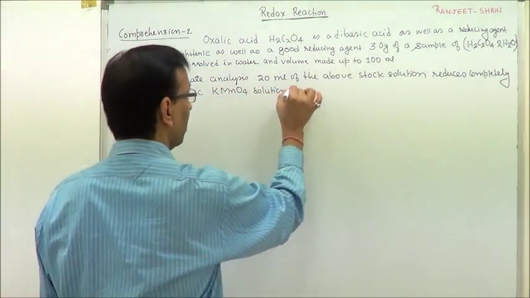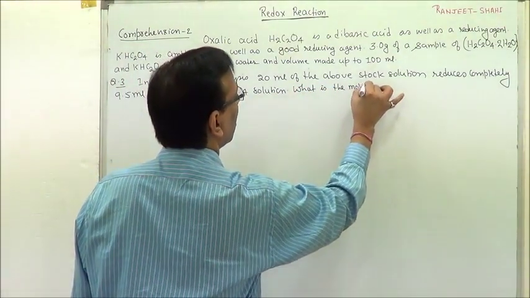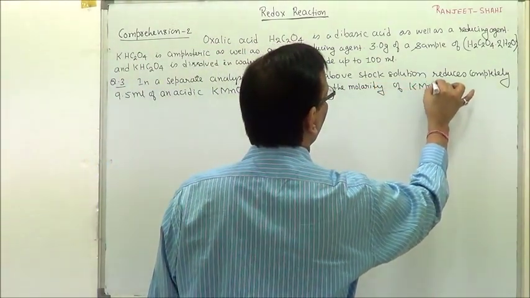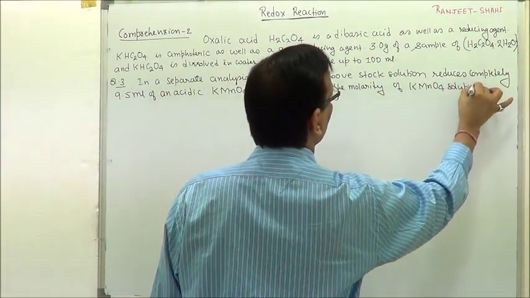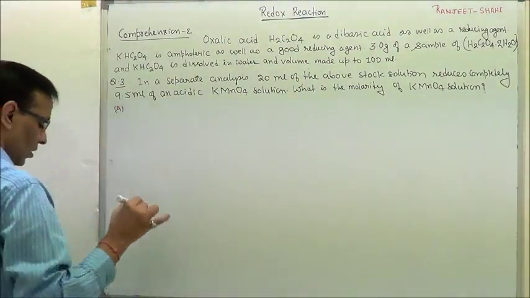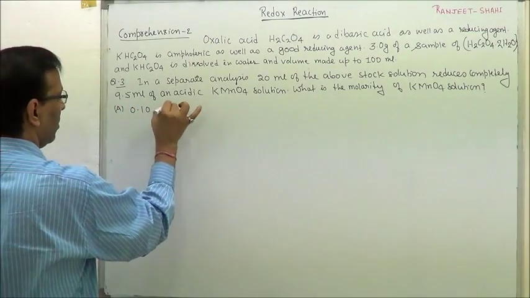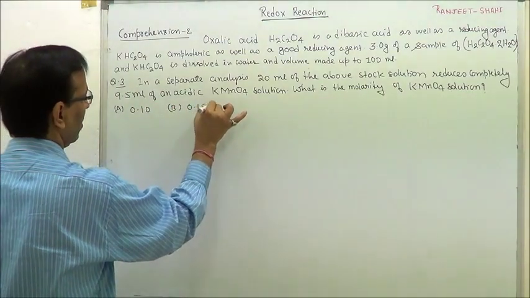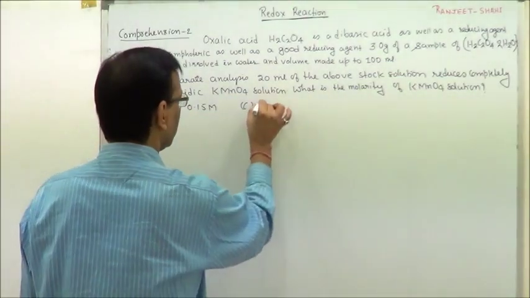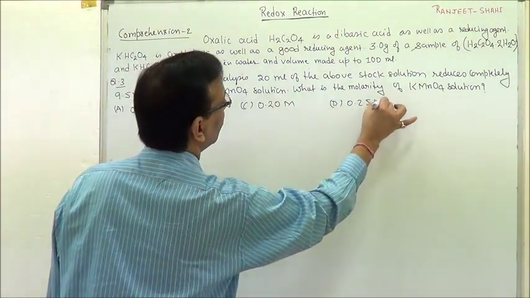What is the molarity of KMnO4 solution? And the options are 0.1, 0.15 molar, 0.2 molar and 0.25 molar.